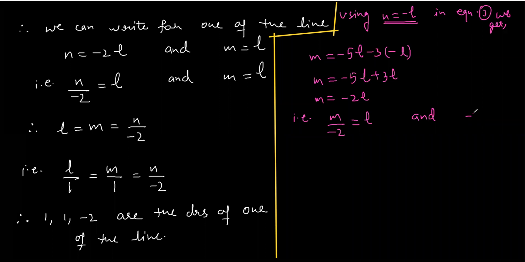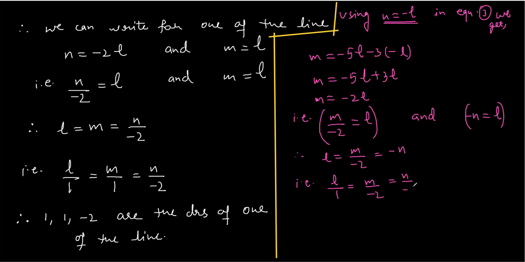You can write minus L equals to minus N equals to L. So now combining these two, finally I shall be writing therefore L equals to M upon minus 2 equals to minus N. That is L upon 1 equals to M upon negative 2 equals to N upon minus 1. So now you have these three numbers which can be termed as the numbers proportional to L, M, N, right?